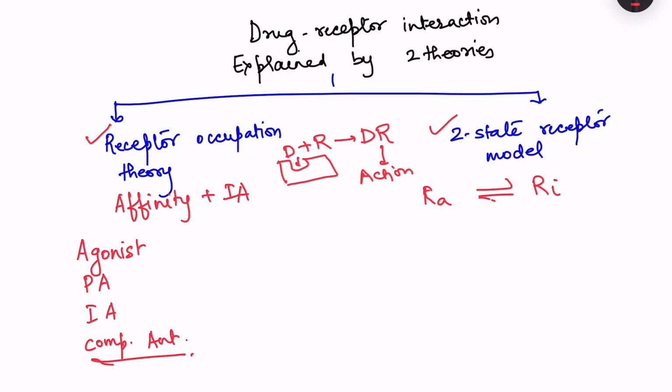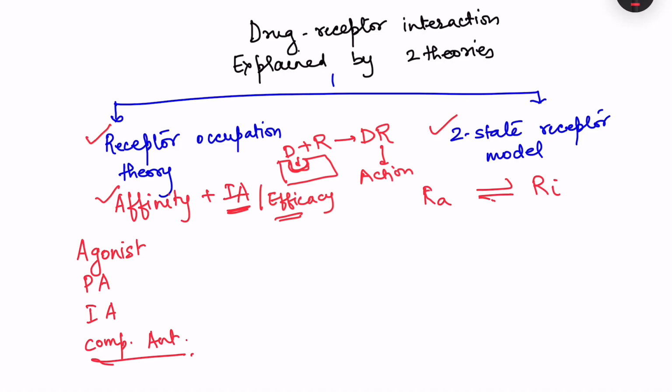This depends on how much affinity the drug has with the receptor site and also the intrinsic activity, also known as efficacy. These terms we have already discussed in pharmacodynamics video 1, but here again we will discuss.